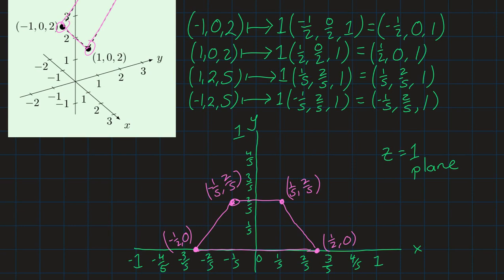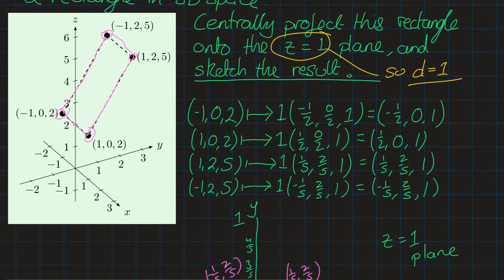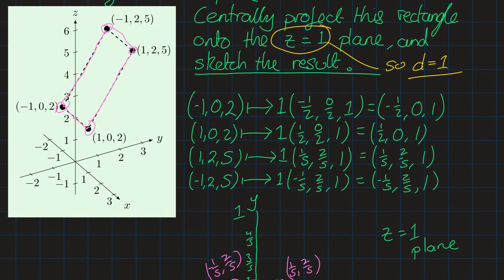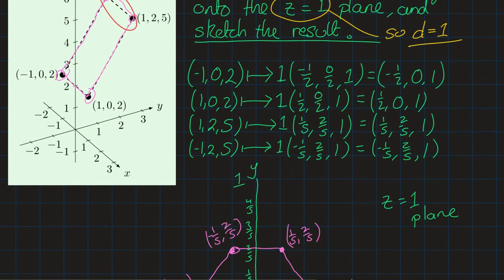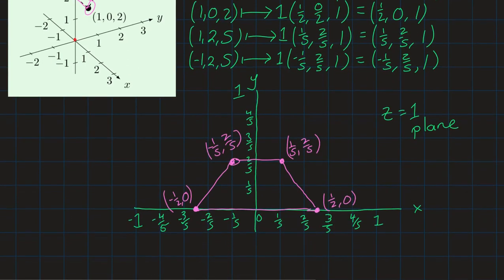And there's a bunch of things I want to point out in this example. The first thing is that in this rectangle originally, this length right here and this length right here were the same. They're equal length, both length 2. But after I project, one of them becomes really short and the other one is longer. In particular, this one here becomes short. The one that's further away from the eye becomes shorter.